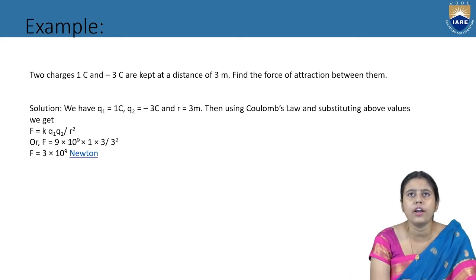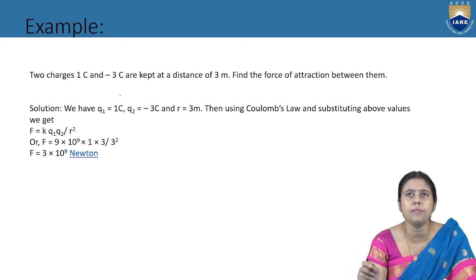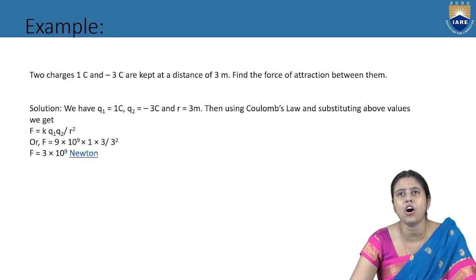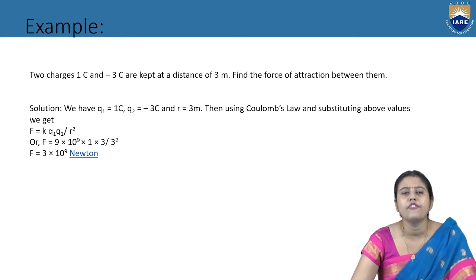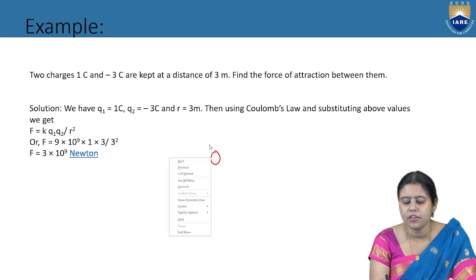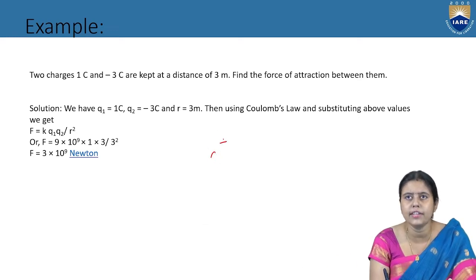Two charges, 1 coulomb and minus 3 coulomb, are kept at a distance of 3 meters. Find the force between them. According to the problem, one charge is 1 coulomb and another charge is minus 3 coulomb.